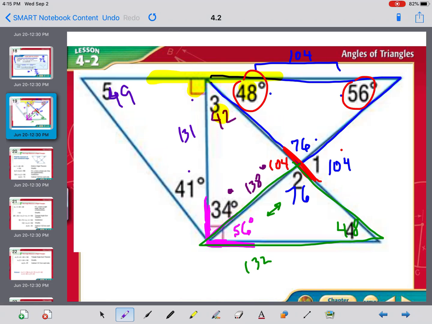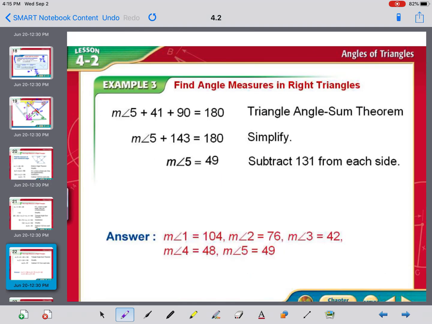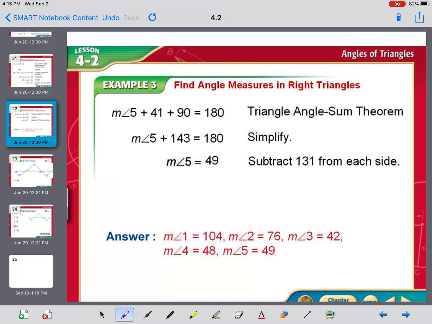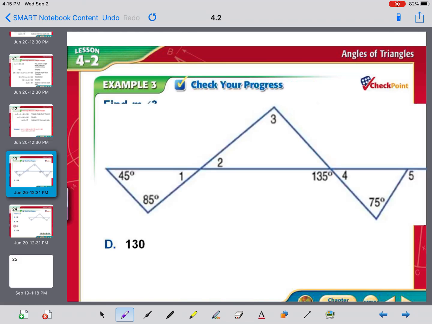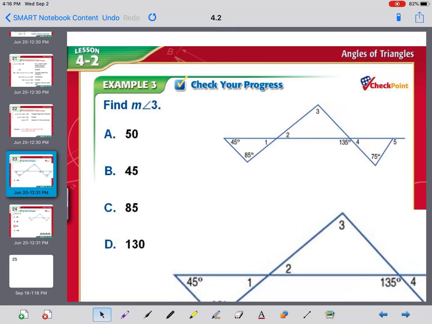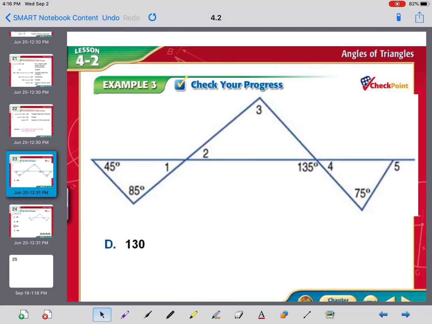And for angle 5, we know this is 90, we know this is 41, so that's 131, leaving 49 for that. So they go through this big long dance, but you see, if you've been taking notes, they got the same answer values we got.